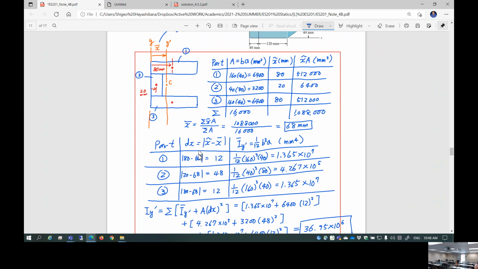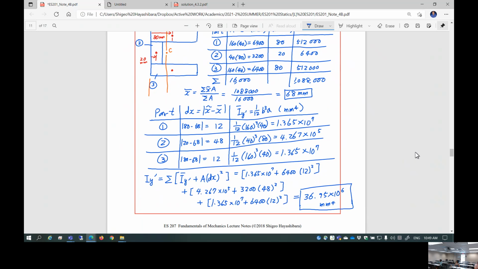So what's the difference between x tilde and x over bar? Take the magnitude only. Because it's going to be squared anyway, minus or plus doesn't matter. This is the local moment of inertia for each part, 1 over 12 b cubed h in this case, because it's a rectangular shape. And then the rest is, of course, you sum them up.